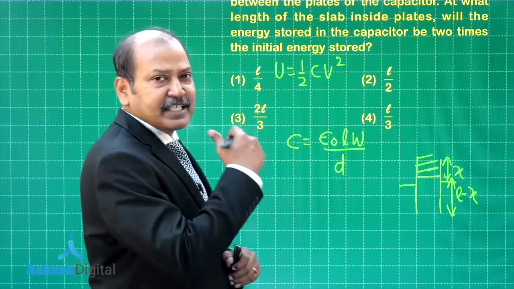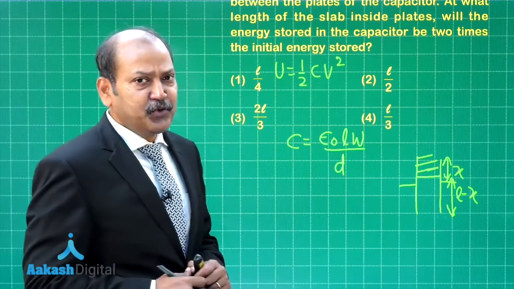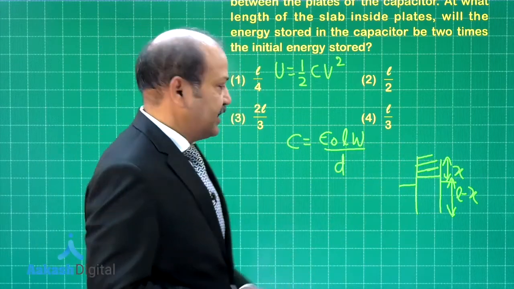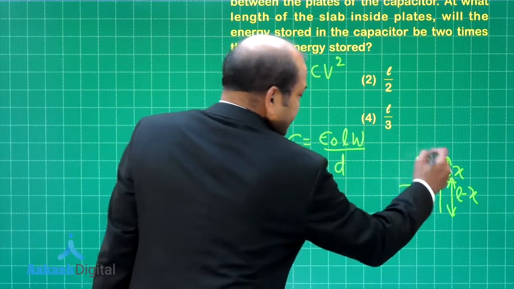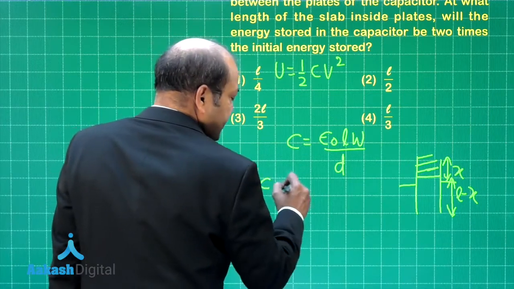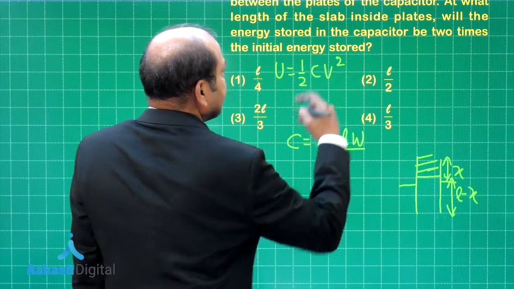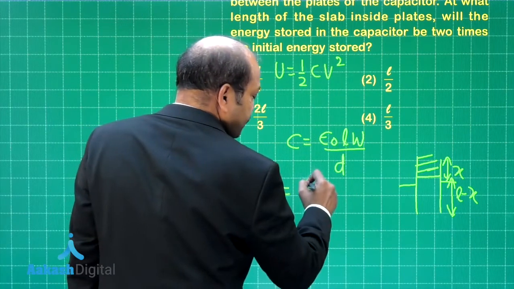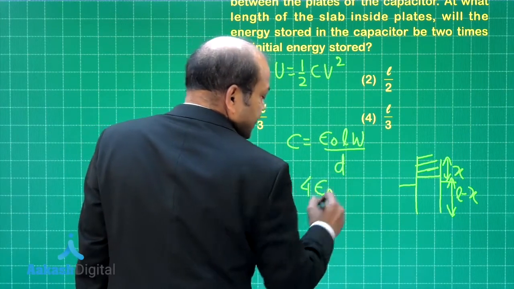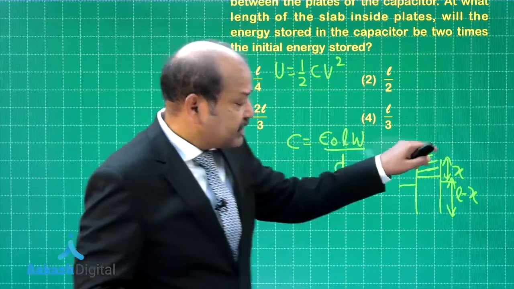Let us write expressions for C1 and C2 in terms of X. If I call this part C1, then C1 is K, the dielectric constant which is given as 4, so 4 times epsilon naught. What is the area for this part?